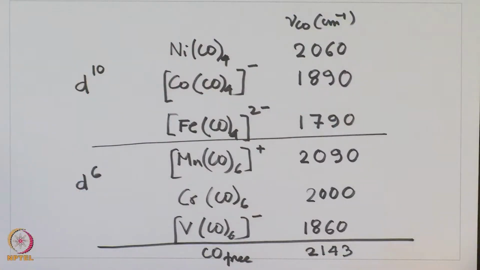We saw that as one goes from electron rich to electron deficient metal center, with the decrease in back donation, the CO stretching frequency increases. We have also discussed the correlation of types of bridging, terminal or mu2 CO or mu3 CO, with the metal center, with respect to how they affect the stretching frequencies of the CO bond.